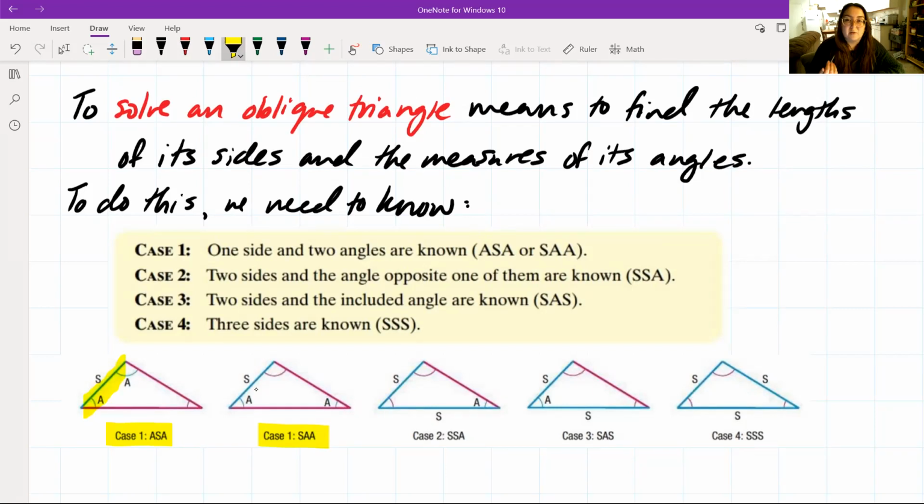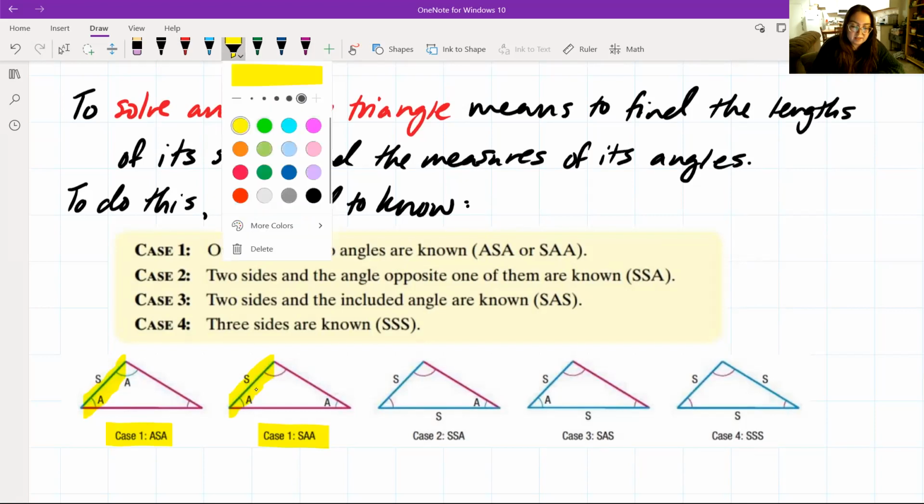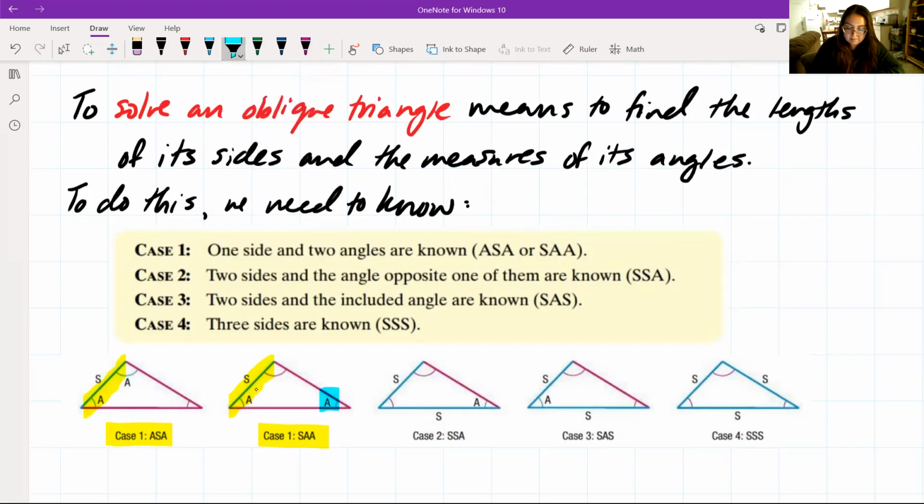Each angle corresponds to the two corners of that side. Or with side, angle, angle, you have one side length and one angle given in one of the corners, and then you have the opposite angle. In computing them, there really is no difference in the computation. It's really just how they're set up differently.